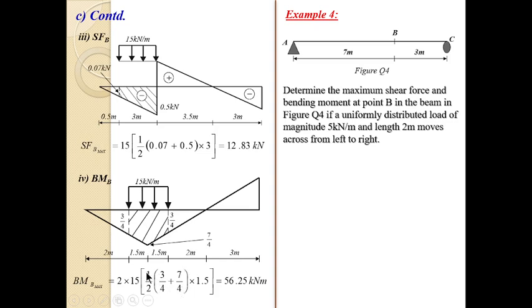We now multiply by half, and we now multiply by the distance. The distance in that case will be from here to here, which is 1.5. And then we multiply everything by the magnitude of the load. That gives us the bending moment for one side. To get the other side, we multiply everything by 2. And it gives us 56.25 kilonewton meters. So with this, we have been able to solve example 3 completely.